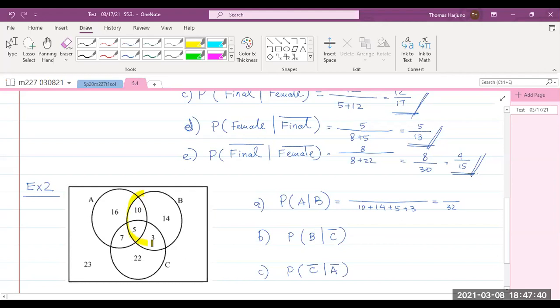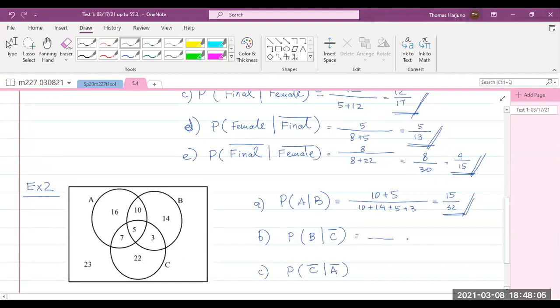Of those elements in B, that's the condition, right? How many of them are in A? That's 10 plus 5. So that will be 10 plus 5 over those numbers, that will be 15 over 32.